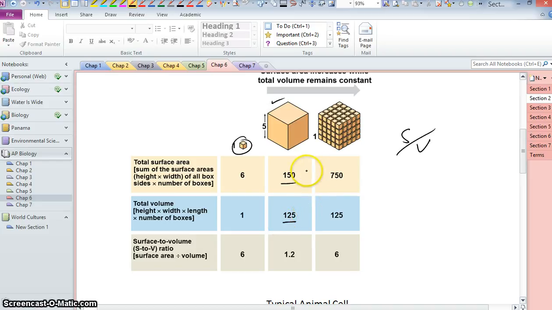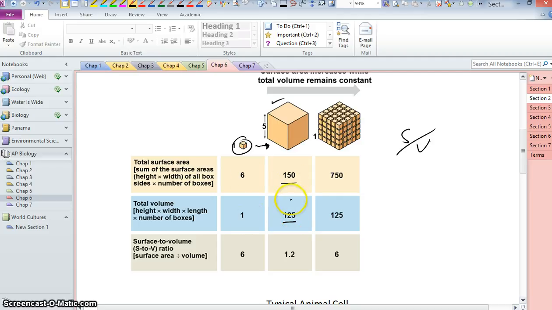But what you notice is that as you go from a smaller to a larger, similar sized object, the volume increases at a greater rate than the surface area.